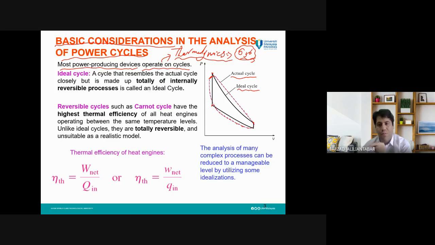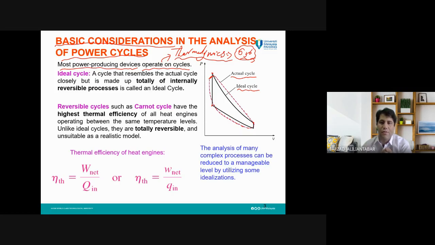And as you know, each point on this dash line means one state. A state means we need to know the pressure and the volume for that, and it is different from the previous state and from the next state. So to draw this actual cycle, we need to know lots of information.